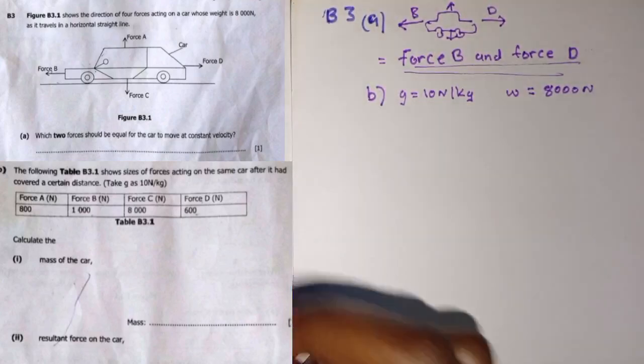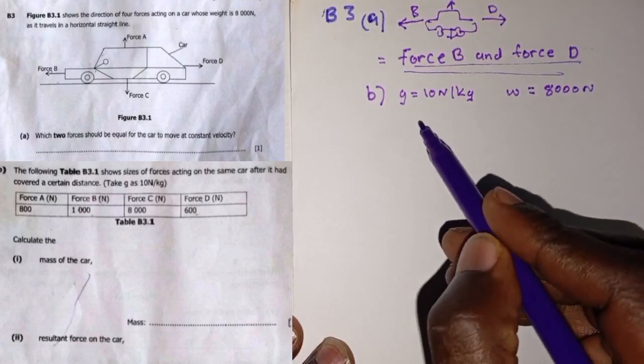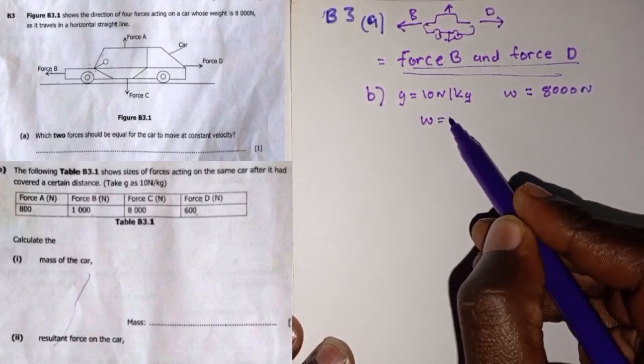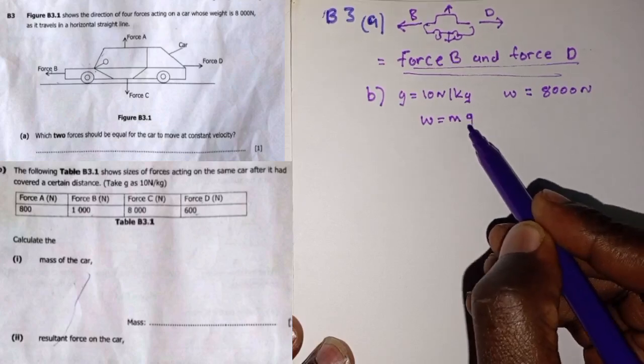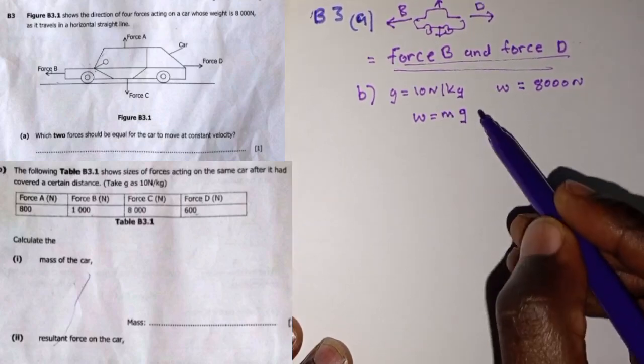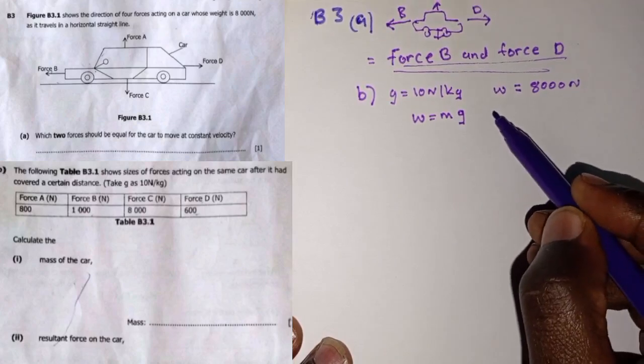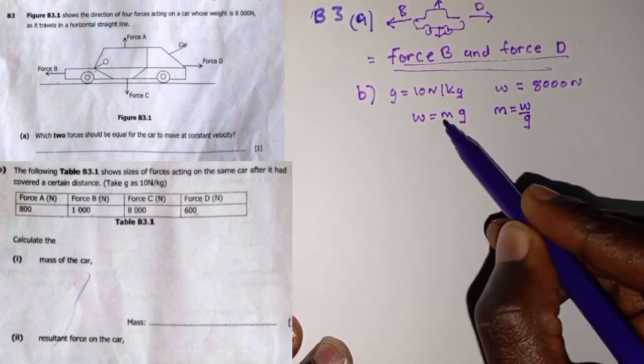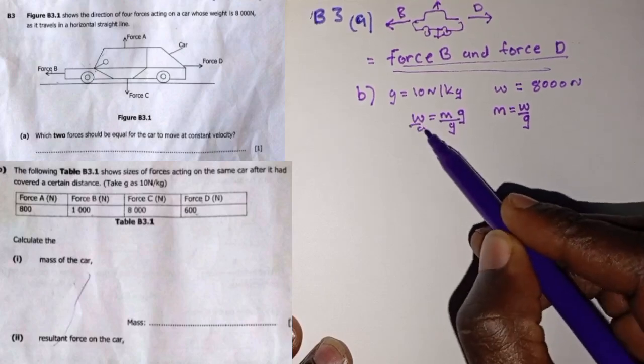So very simple and straightforward. We know from the formula that weight is equal to mass times gravity. If we change the subject of the formula to mass, mass is equal to weight over gravity. What have we done? We just divided both sides by g.